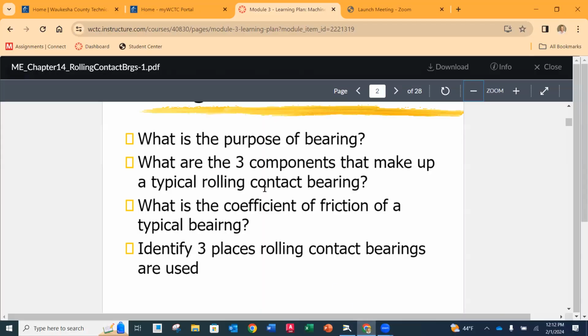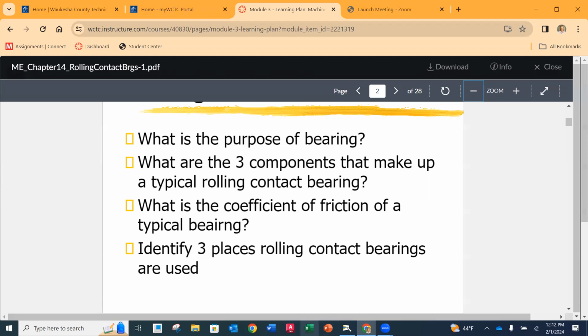So what are the typical components? Now there might be more than three, but what are the typical three components that make up a roller bearing or a rolling contact bearing? Yeah, so there's going to be an inner race and an outer race, the cage, and then also the ball bearings, right?